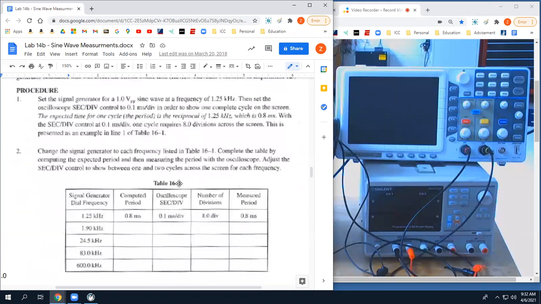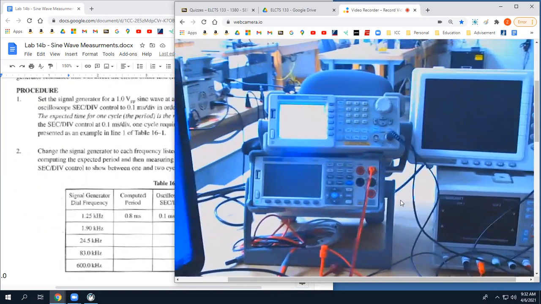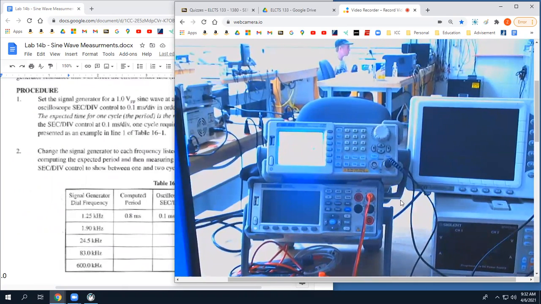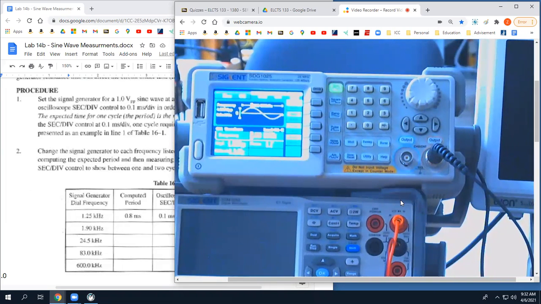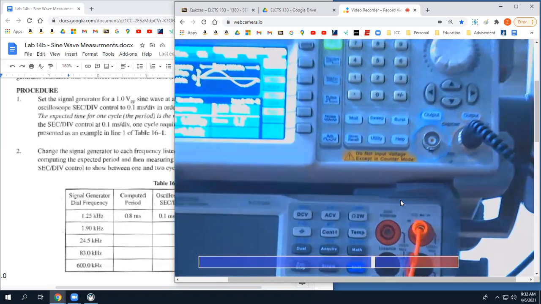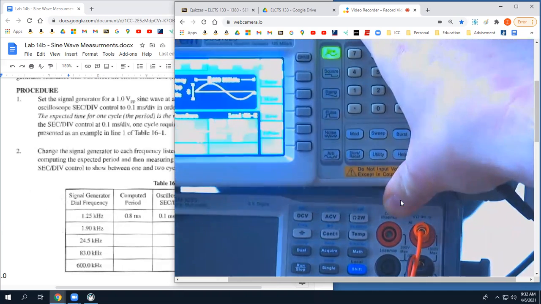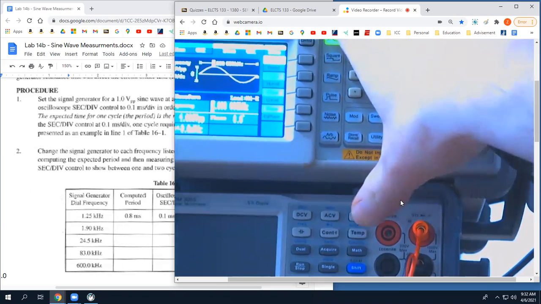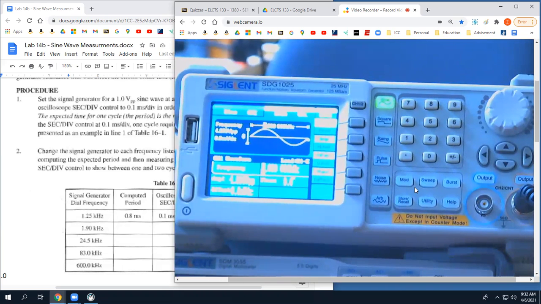Set the signal generator for a 1 volt peak to peak sine wave at a frequency of 1.25 thousand hertz. 1 volt peak to peak.